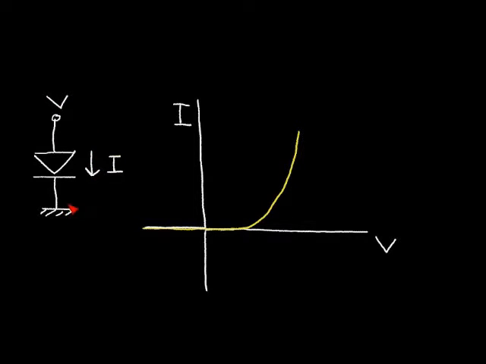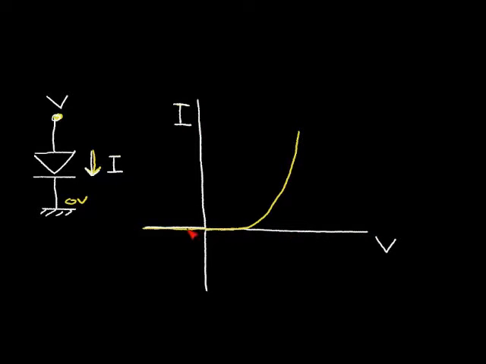We'll say this is ground or 0 volts. So let's plot the voltage at this terminal and the current through the diode that we'll call I. So we'll plot I on this axis, voltage on this axis.